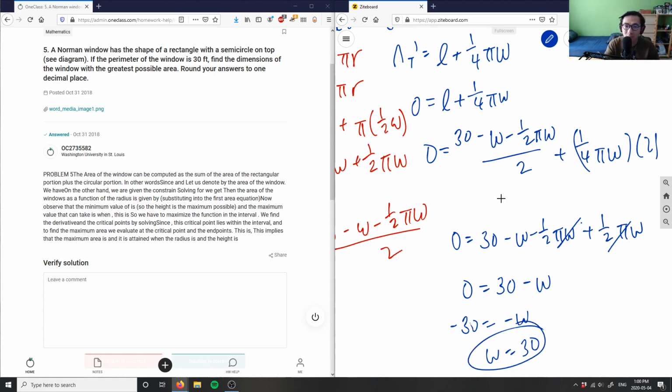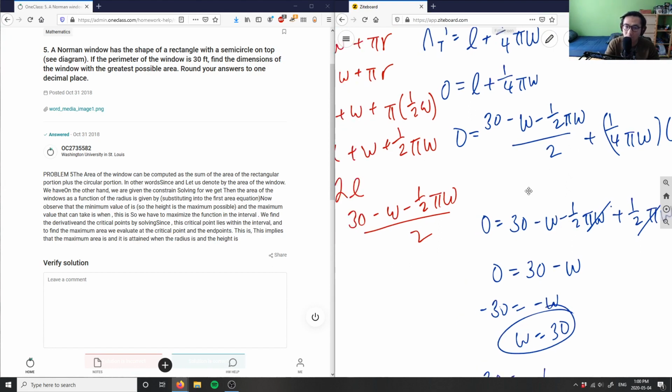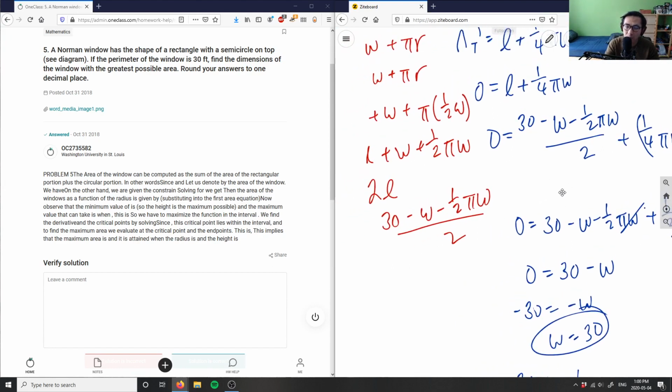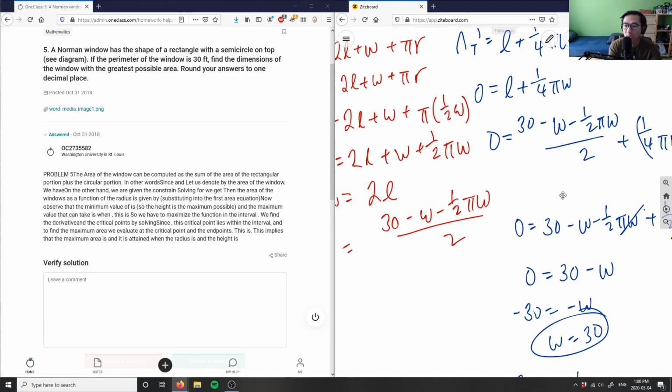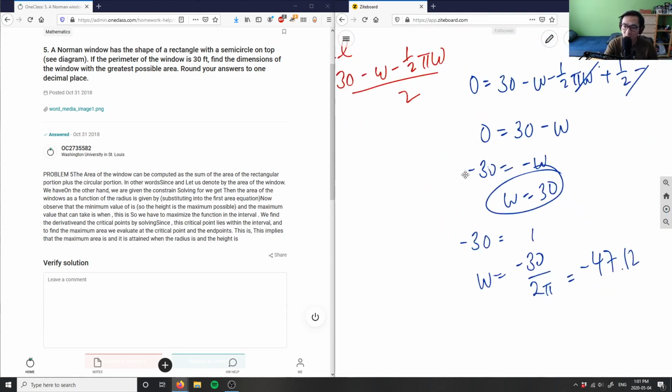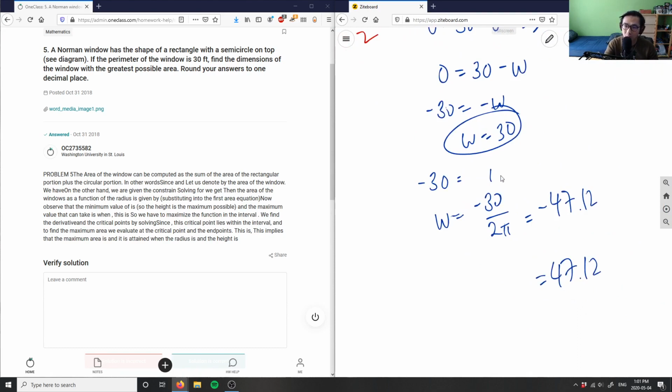So in this case, my width would be 30, and my length here would be, I'm going to just type this into my calculator. 30 minus half pi times 30 all divided by 2 here, which I would get negative 15 over 2 pi would be my length here, which doesn't make sense because I actually get a negative number again here.